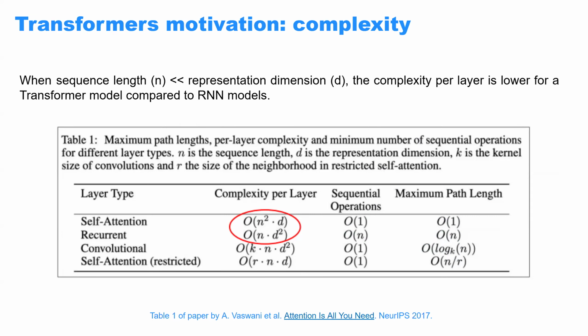That worked well. However, recurrent neural networks have several problems, and one of them is that they're kind of complex in terms of computation. As you can see, recurrent neural networks have computation complexity equal to n d squared, where n is the sequence length and d is the representation dimension, the size of our embedding vectors.